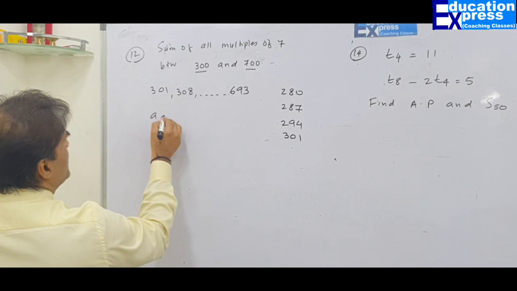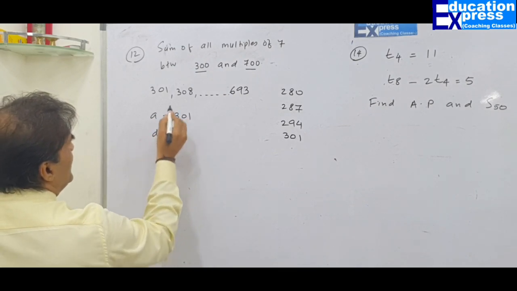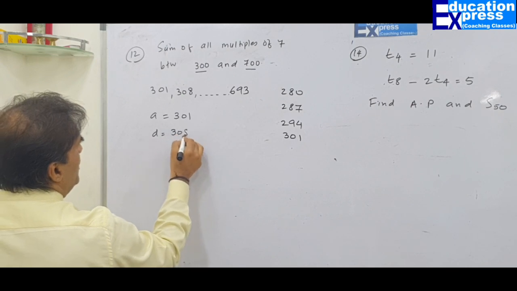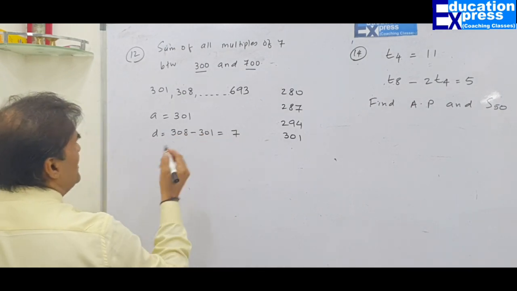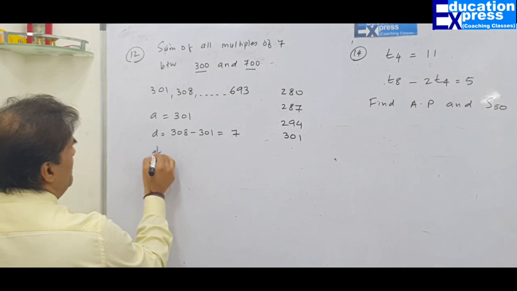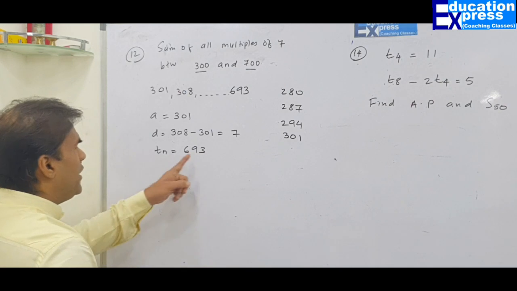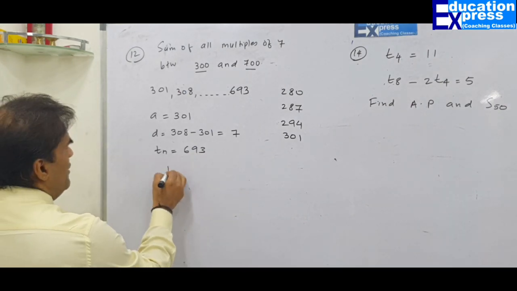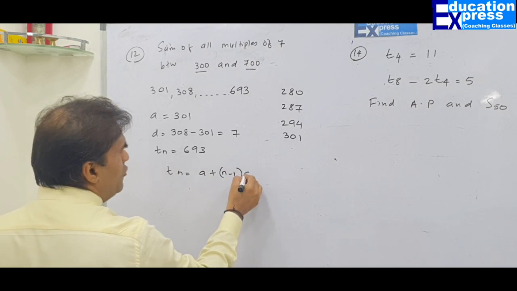What is A? 301. What is d? Second term minus the first term: 308 minus 301, which is 7. What is the last term? Sir, last term Tn equals 693. Can you find out the number of terms? Yes, sir. So Tn equals A plus (n minus 1) into d.